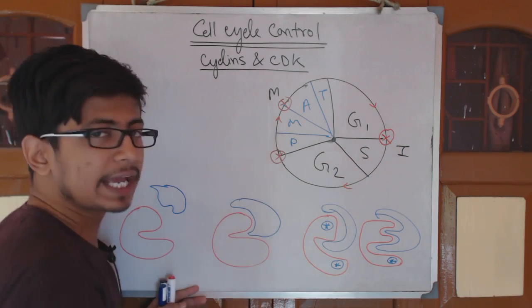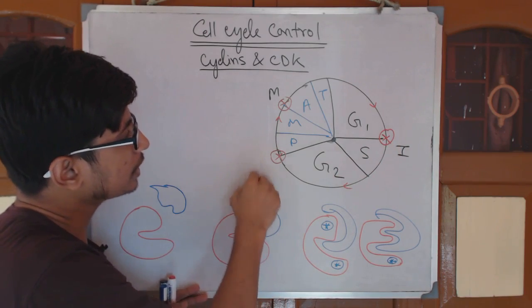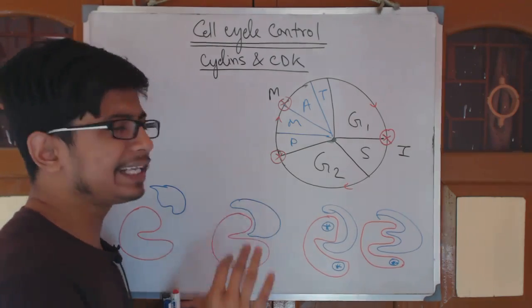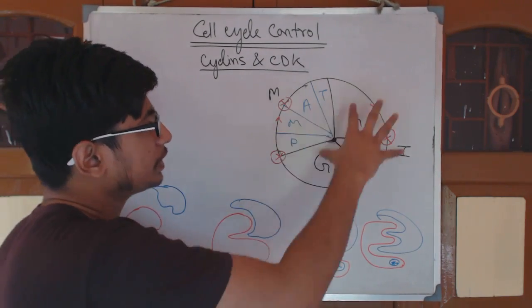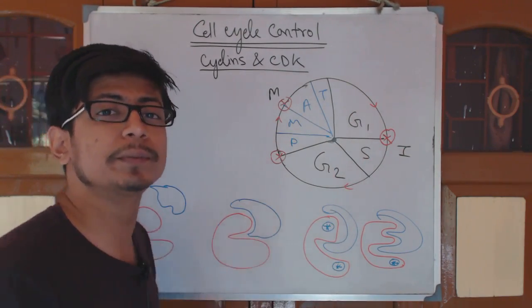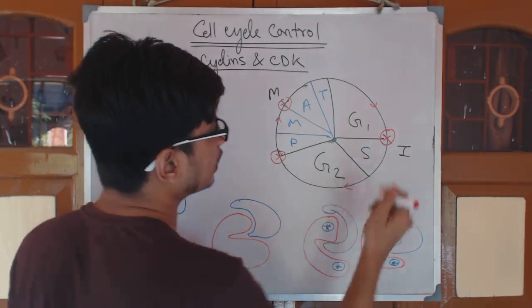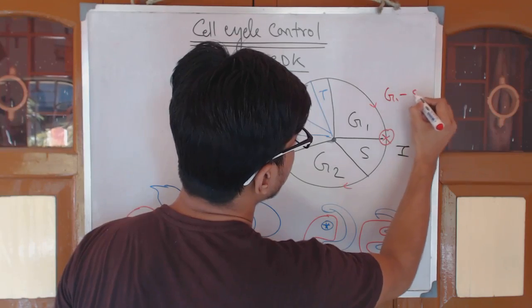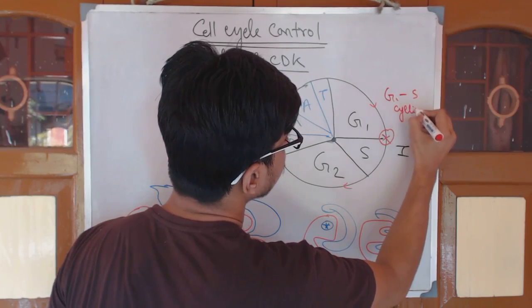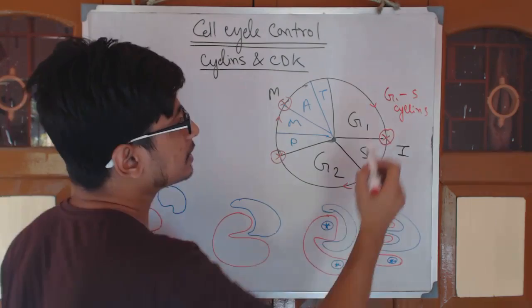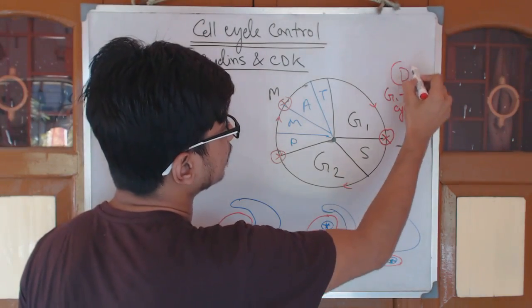We have a G2M cyclin, or M phase cyclin, which works here. So mainly three types of cyclin based on the three types of checkpoints help the cell go to the next level. We have the G1S type of cyclin, so let me write G1S cyclin, and we call this cyclin D, cyclin D.